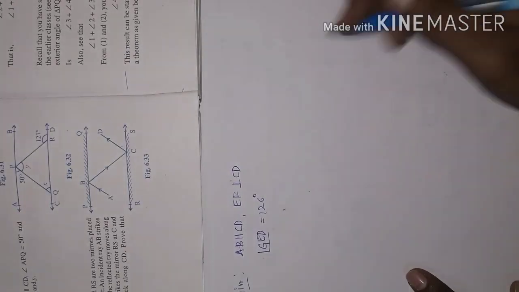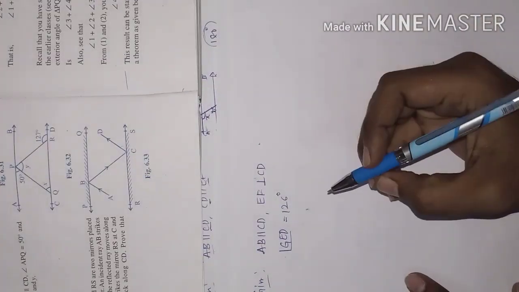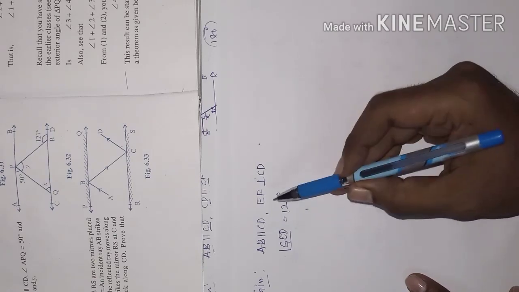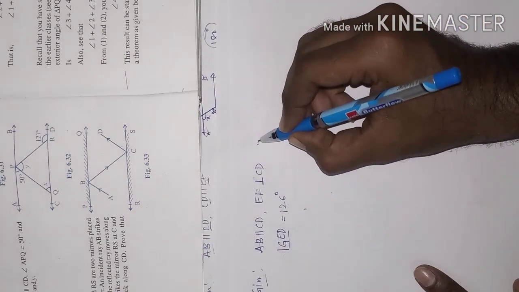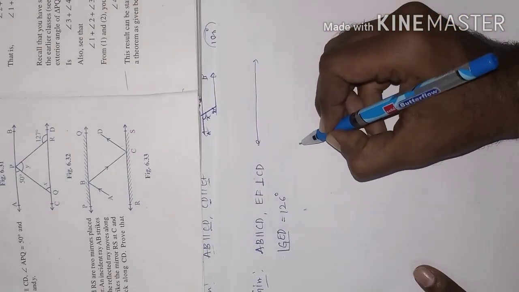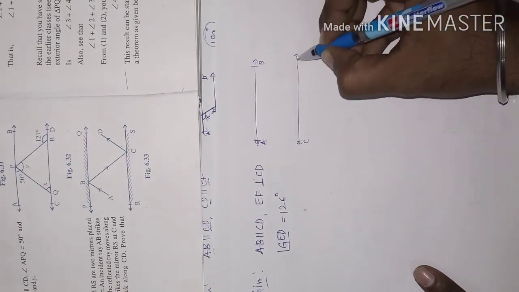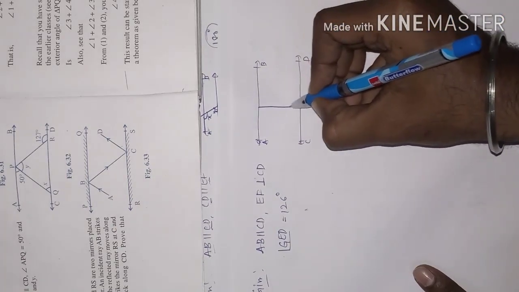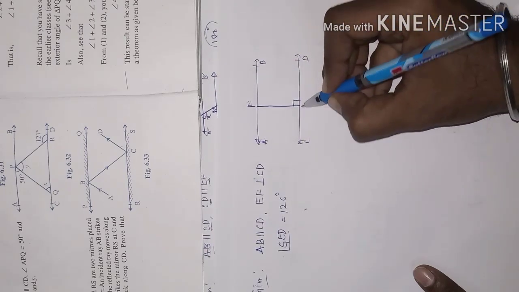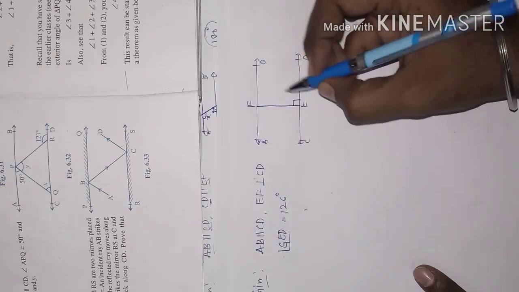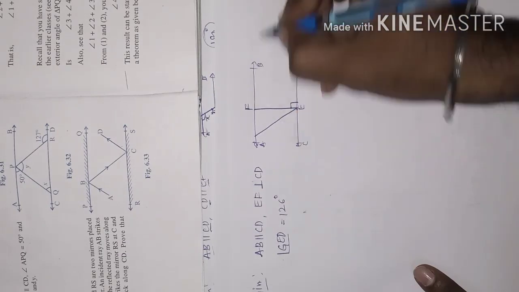Let me draw the diagram here. AB is parallel to CD, and FE is perpendicular to CD, and there is a line segment which meets AB.